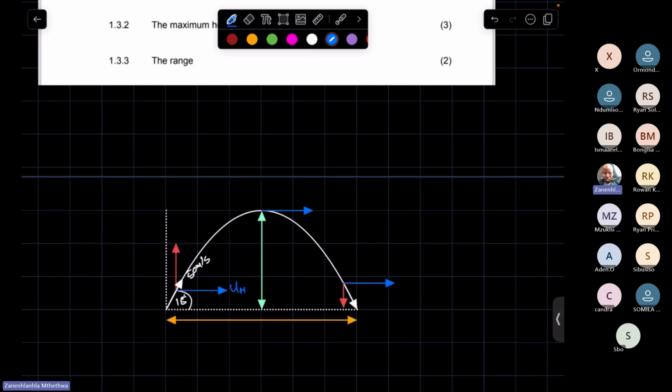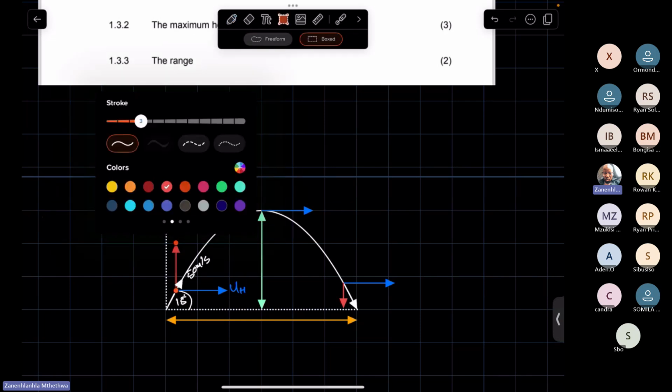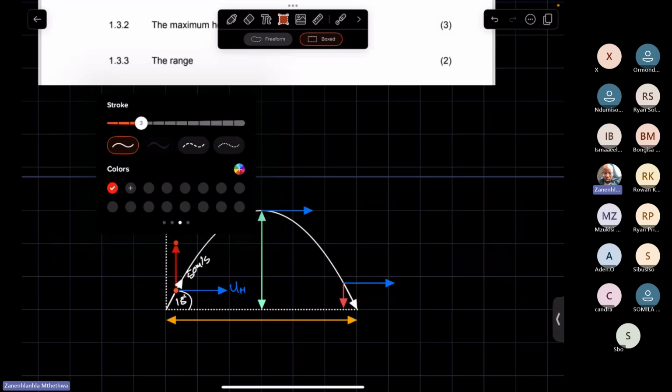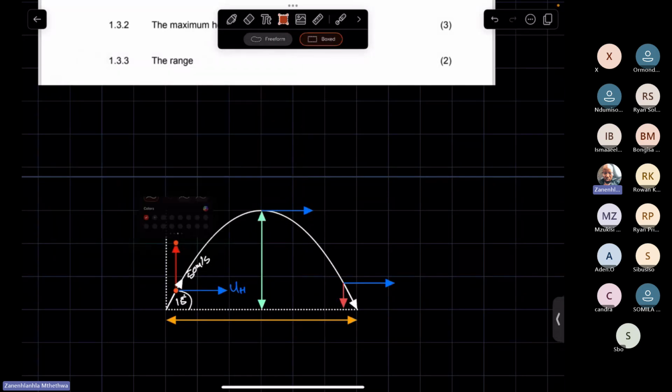And then this one will be the vertical component, which you can call UY. This is the component of the initial velocity in the x direction, and this here is the component of the initial velocity in the y direction.